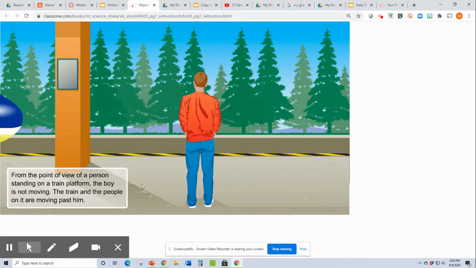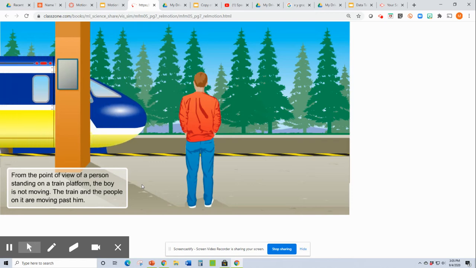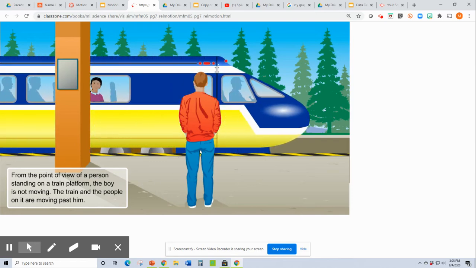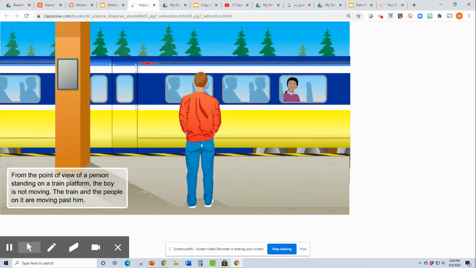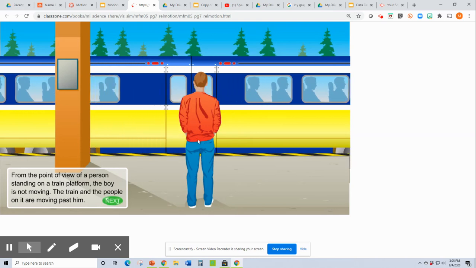Now, if we are standing right behind this person, then I would tell you that this person right here is not moving. The train is moving. The train and the people on the train just moved right past us. But I'm standing here. This person is standing in front of me. The distance between me and this person is not changing.